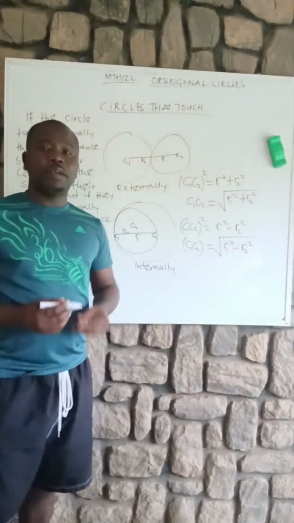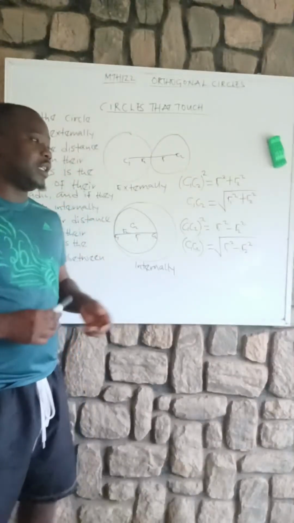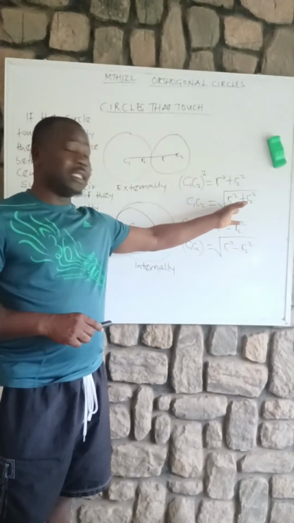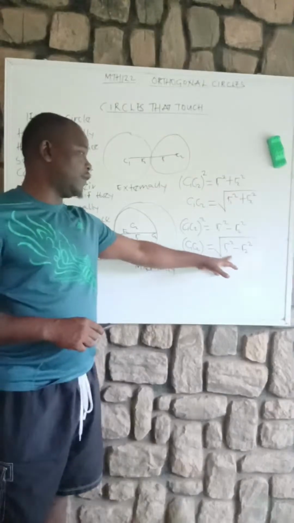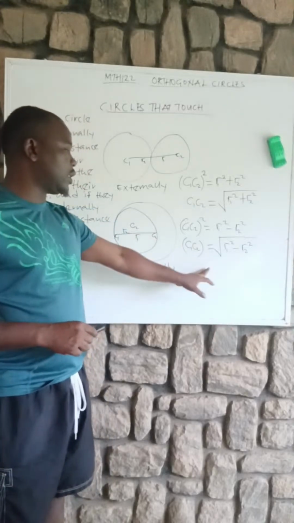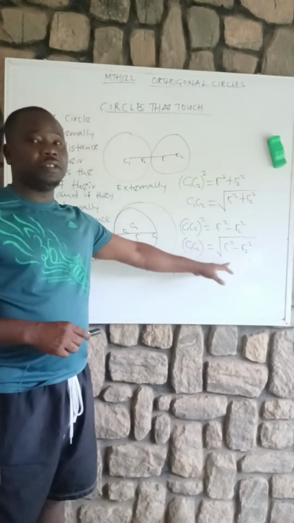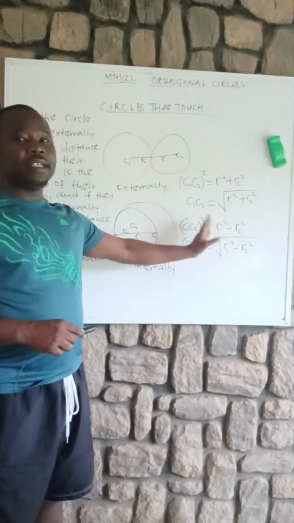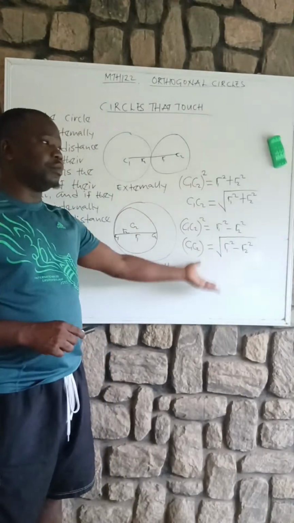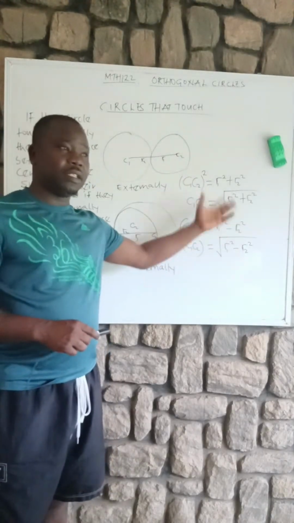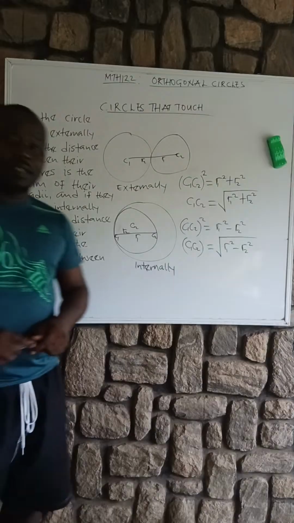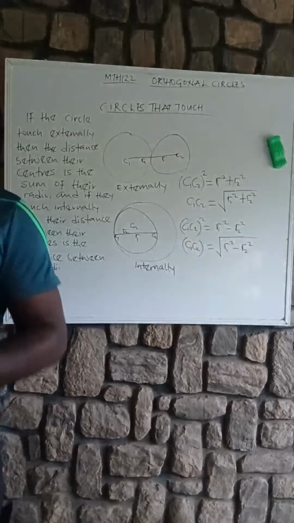This one is talking about the sum of their radii, and this one is talking about the difference between their radii. Can you see now? In case you are asked to differentiate between the internally touching circle and externally touching circle, at least you'll be able to tell this. If you can write this out, it shows good knowledge.